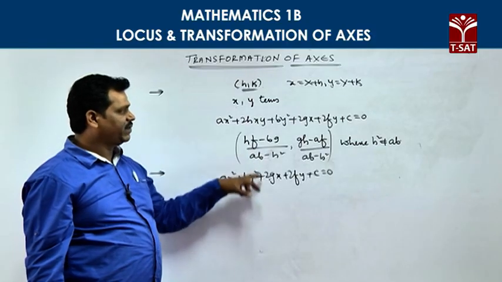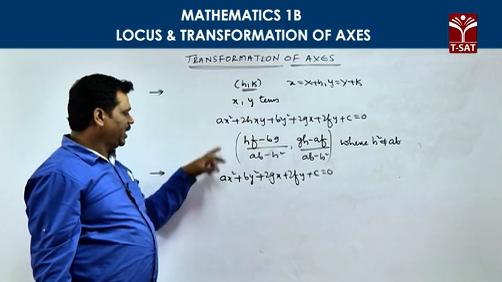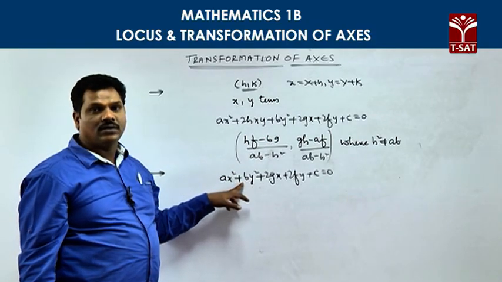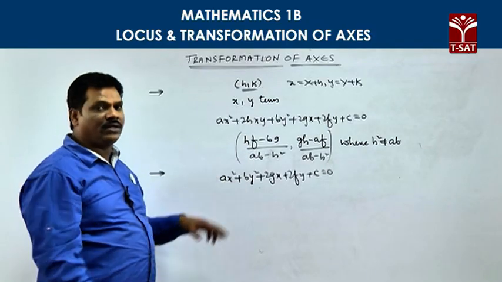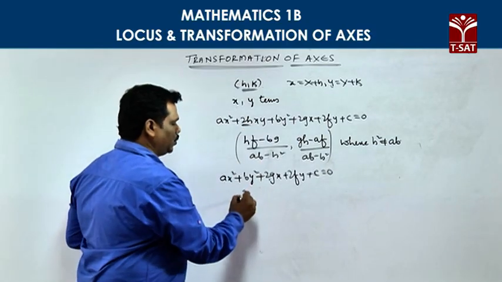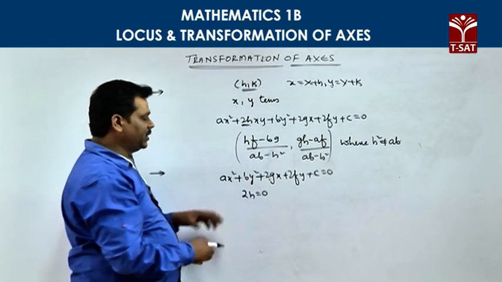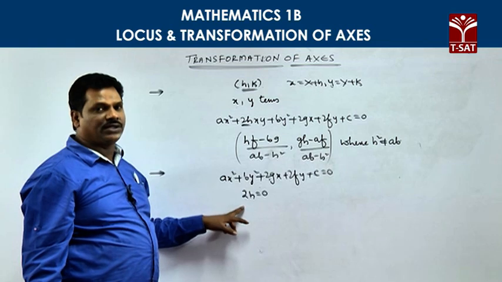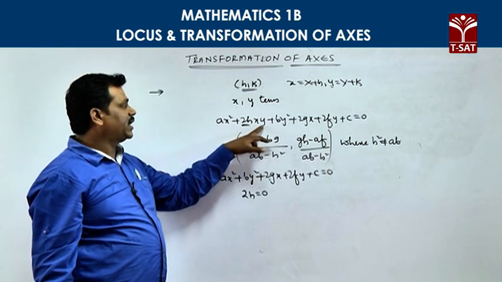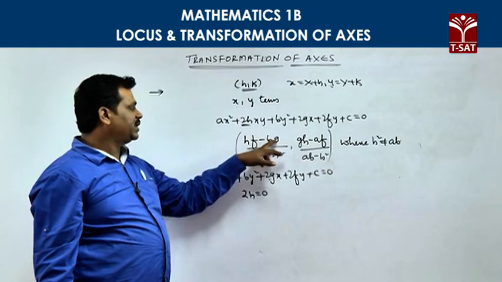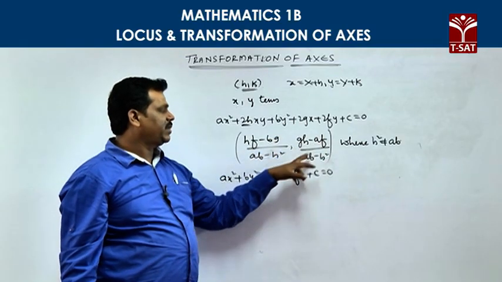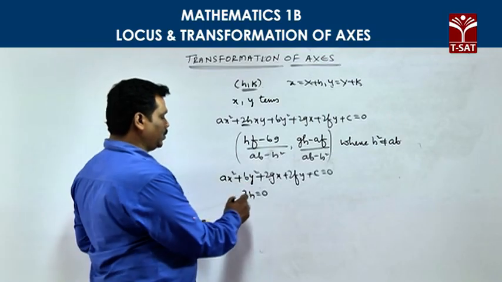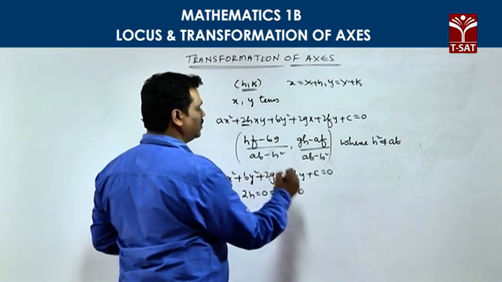Comparing this equation and the previous equation, ax² is there, 2hxy is there, but here 2hxy is not there. What is the meaning of this? It means 2h is equal to 0. In this equation the xy term is 0, while in the other the xy term is 2h. Including the xy term, we get the formula (hf − bg)/(ab − h²), (gh − af)/(ab − h²). Here, without the xy term, 2h is equal to 0, so h is equal to 0.